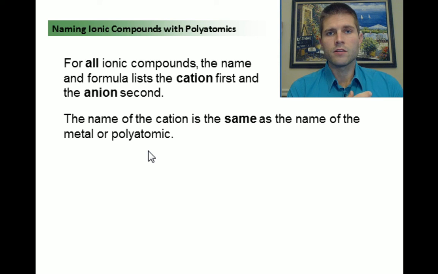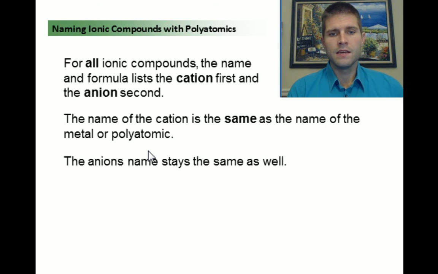If it's a transition metal, you're going to have to use Roman numerals in order to name it. That's fine. The name of the polyatomic ion never changes. So carbonate will always be carbonate. It will never be carbonide. You'll never drop off the ending. It's always just carbonate. So those are very easy to name. The anion's name stays the same. We're not changing any of the names at all when we're talking about polyatomic ions.